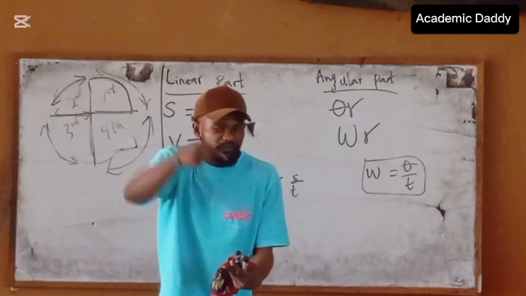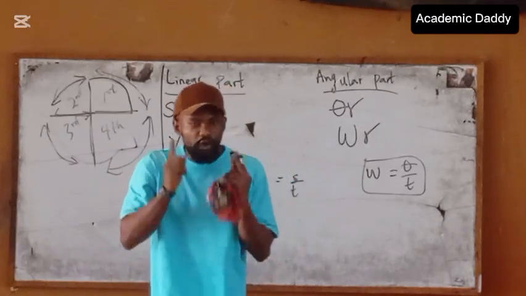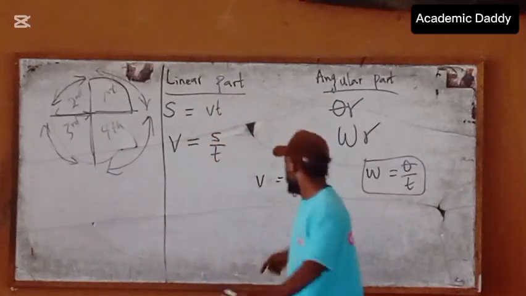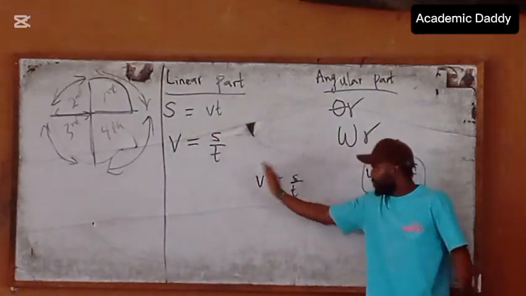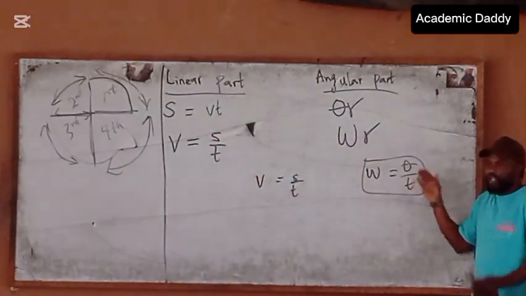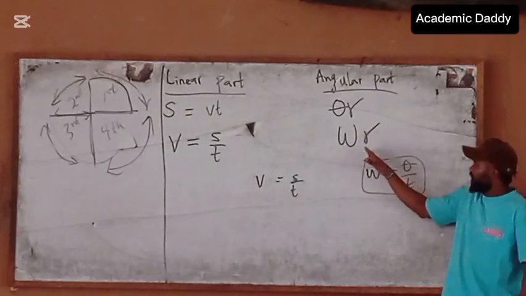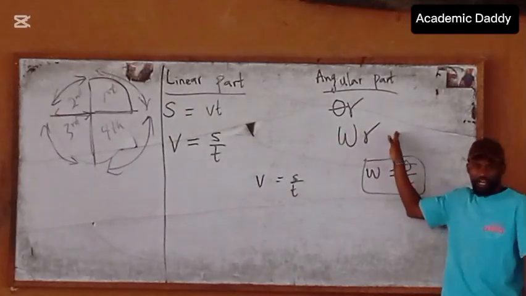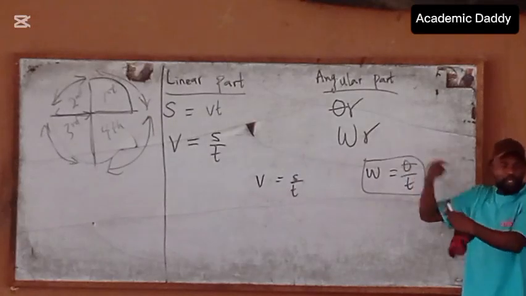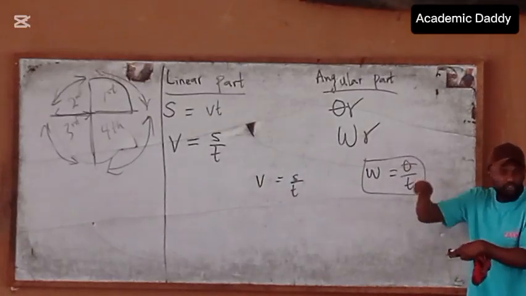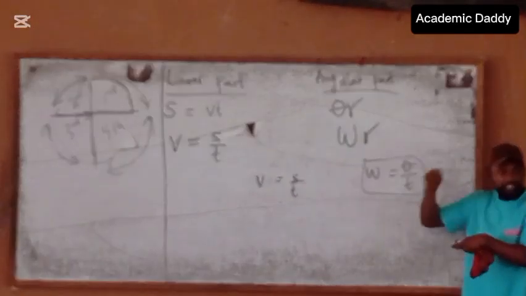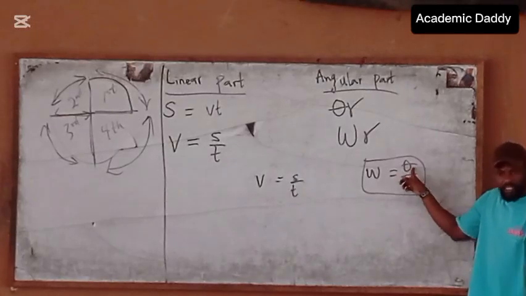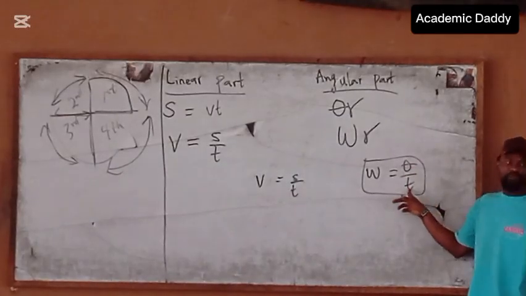For us to derive it, we say that this one is equal to this in kinematics, it simply means the angular velocity. It will not be the same way we say velocity is always displacement over time. What is the displacement? Displacement is theta, and it's always going to be vertical.